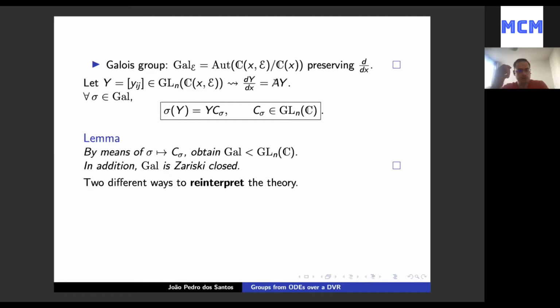You have a differential equation, and you continue it analytically, and you see what happens when you continue it analytically along a path. So I call it the monodromy approach, M. It's the approach through fundamental groups and monodromy representations.